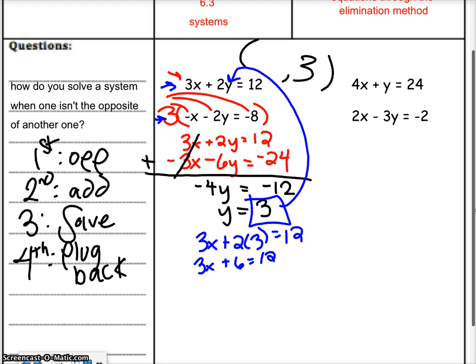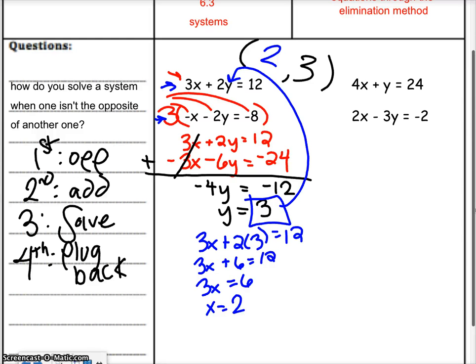Subtract 6, 3x equals 6. X is 2. Okay. One more. Tyler? I got the exact same answer and I did it a different way.